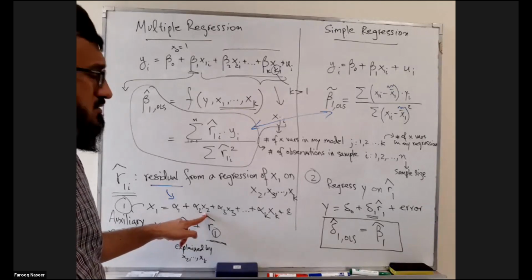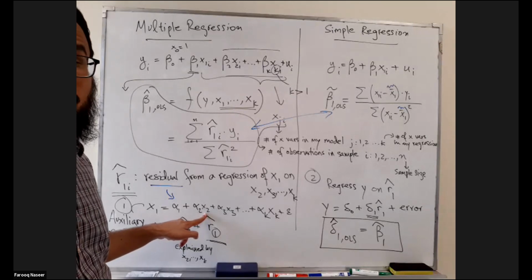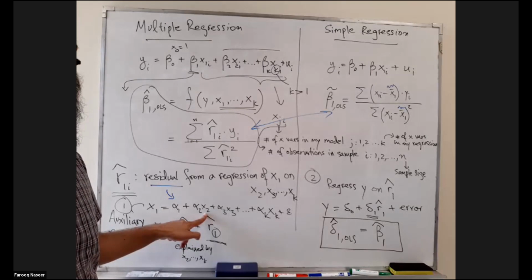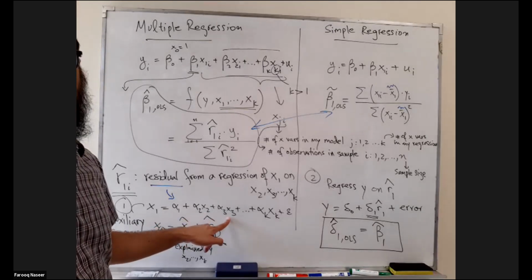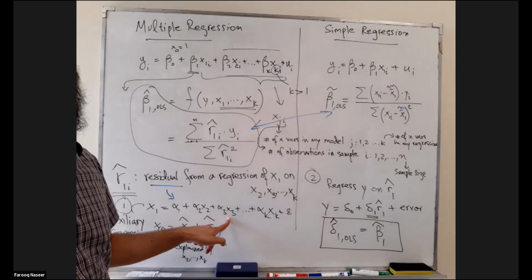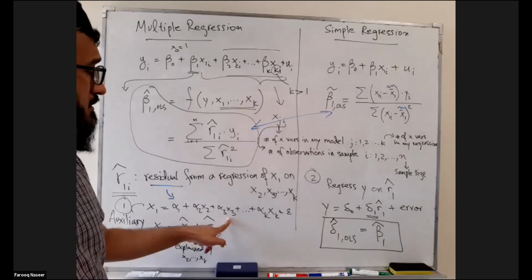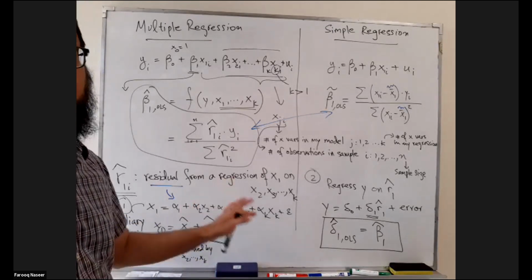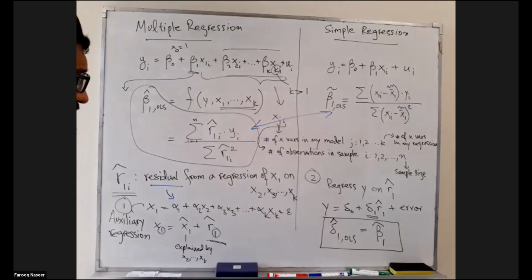There might be a higher chance of them going to LUMS. So x2 is an IQ score or SAT score, some measure of ability. x3 might be parents' income, right? So elite parents, parents who can afford LUMS education, send their kids to LUMS, right? So and so on. So x2, x3 are ability and parents' income, and these are the variables.